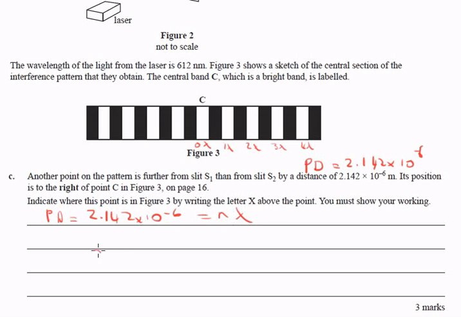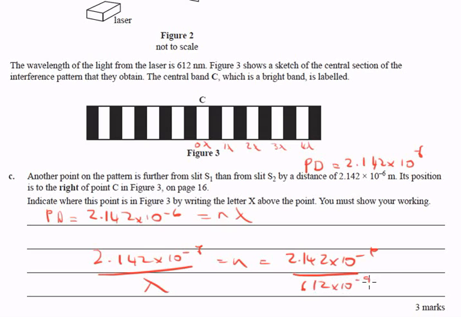So let's take 2.142 by 10 to the minus 6 and divide it by lambda to get n, which is 2.142 by 10 to the minus 6 over 612 by 10 to the minus 9. Put that in your calculator, and you get 3.5 out.